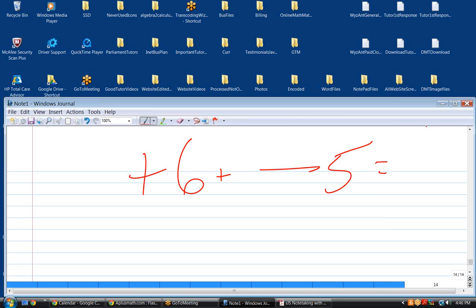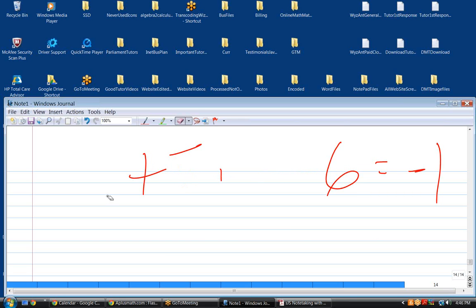Positive 1. But if I had a plus 5 and a minus 6, what is that? Negative 1. So a plus and a minus depends on the size of the numbers. That's not always the same, but the first 4 rules are always the same.